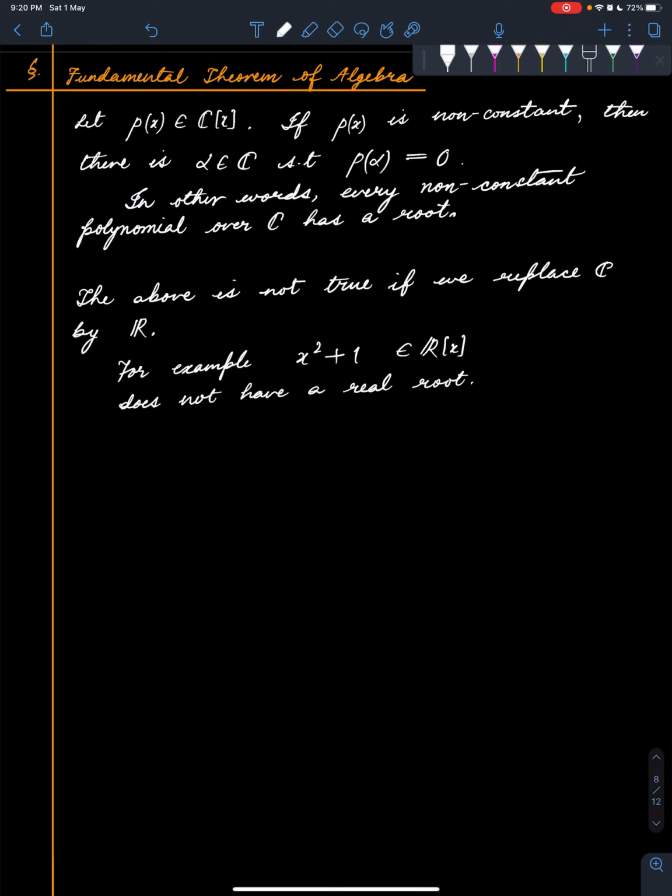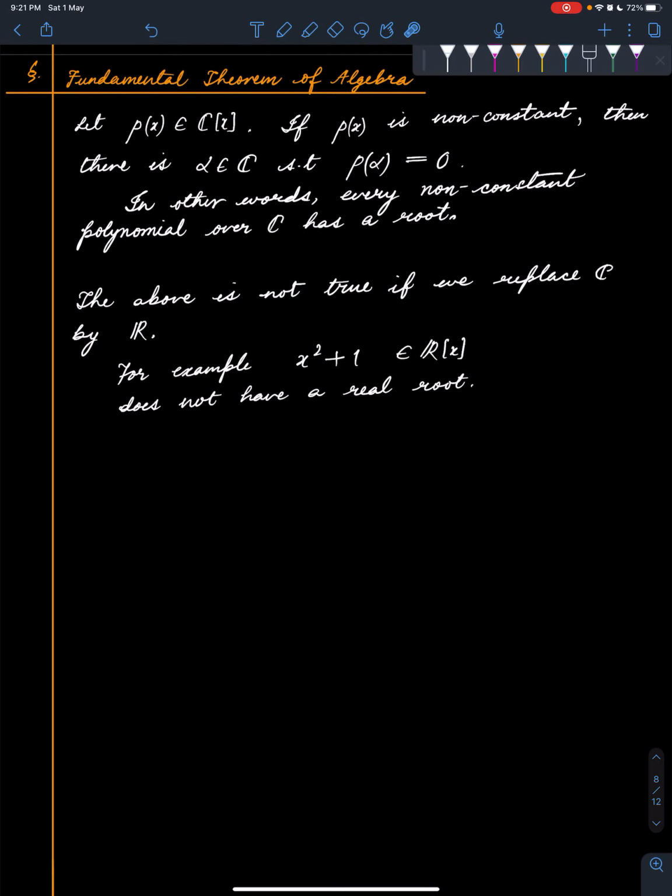Because no matter what real number we plug in place of x, we will always obtain a positive real. So of course this cannot become 0. But it of course has a complex root, namely iota. So the fundamental theorem of algebra crucially requires the complex number field and not the real number field.